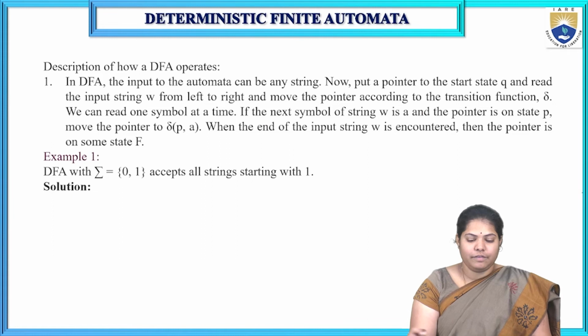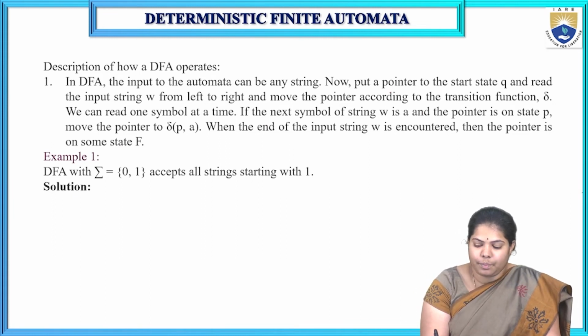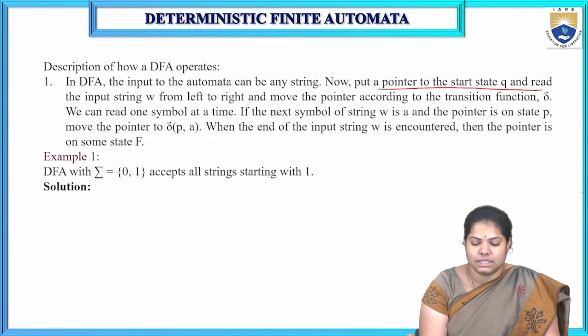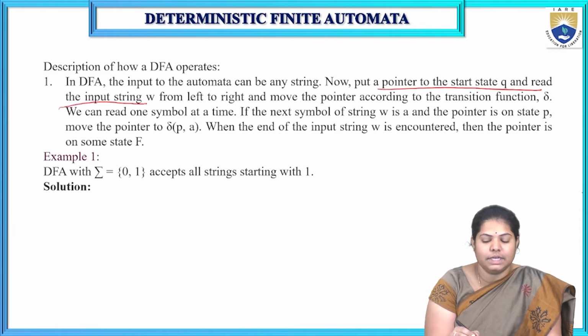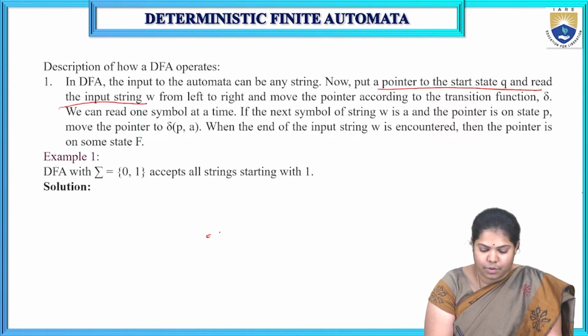So how does this DFA operate? If I point to the start state called Q0, how do we represent the start state?